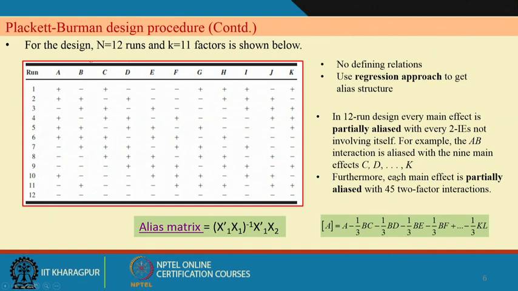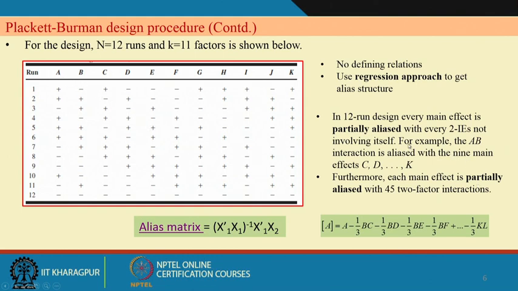In this design, if you find out the alias structure of A, then A will be partially aliased with other second order interaction effects which do not involve A, or where A is not into consideration.